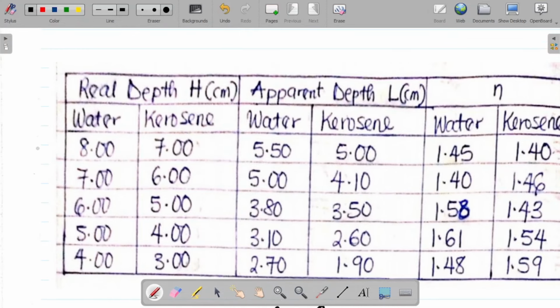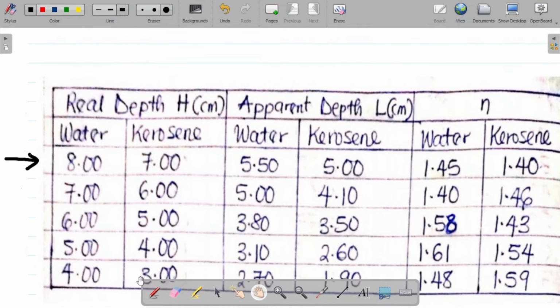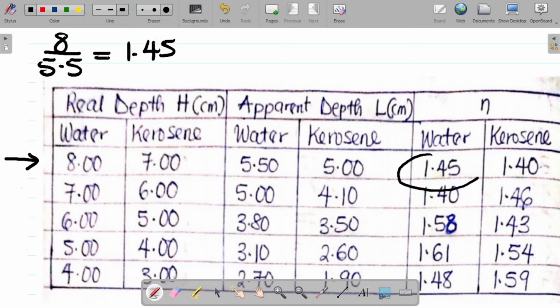The real depth for water is 8.00, so that becomes 8 all over the apparent depth for water, which is 5.50. So it becomes 8 divided by 5.5, and that will give you approximately 1.45. That's how we get this value here.